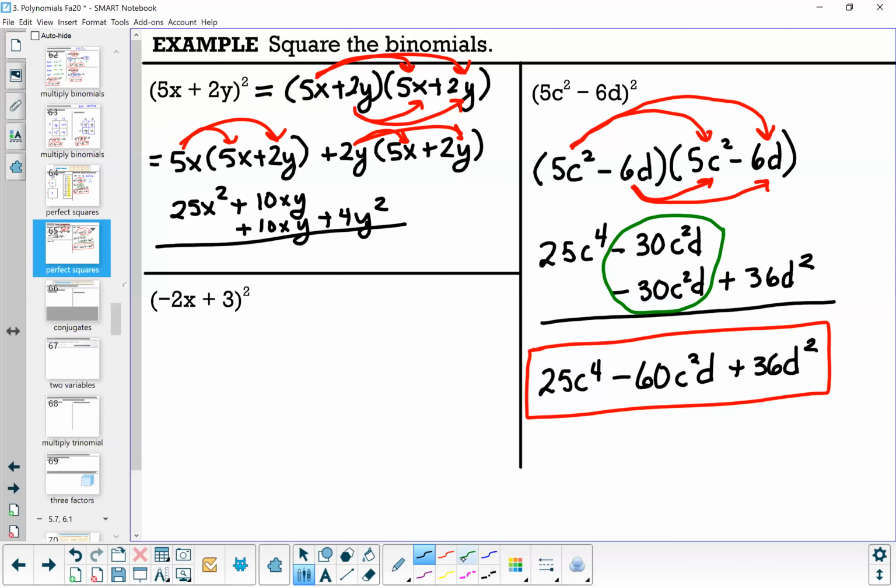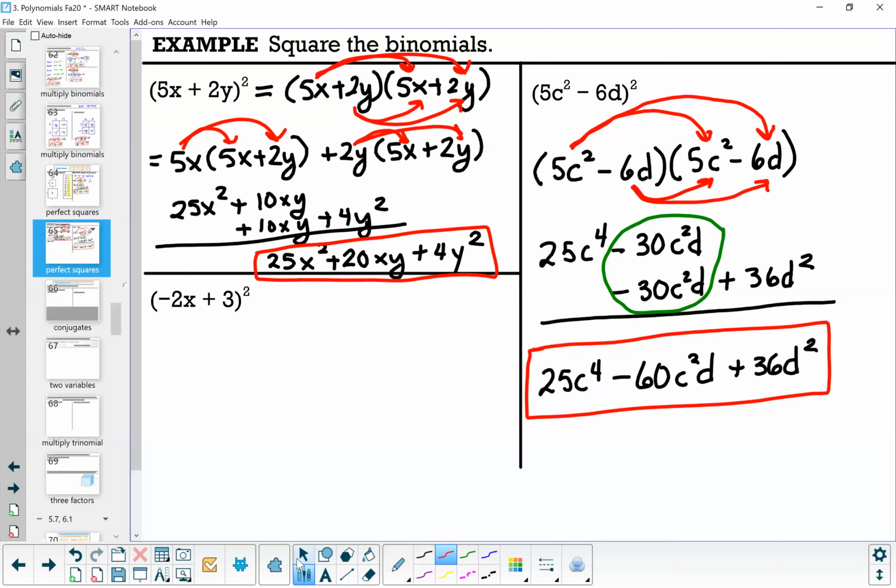All right, and so we're left with 25x squared plus 20xy plus 4y squared. Notice how this term doubles every time. There's my perfect square answer.